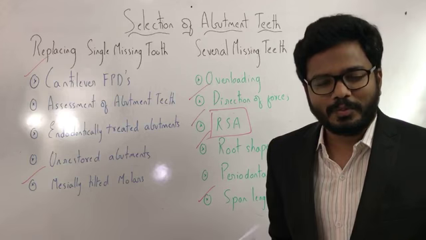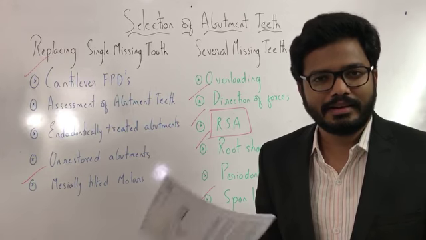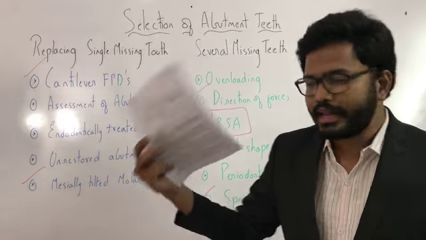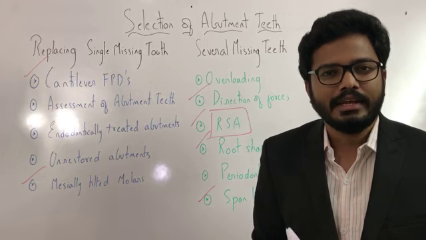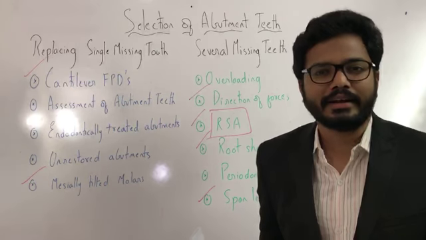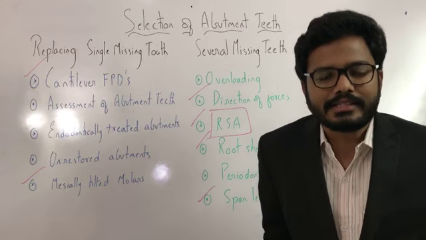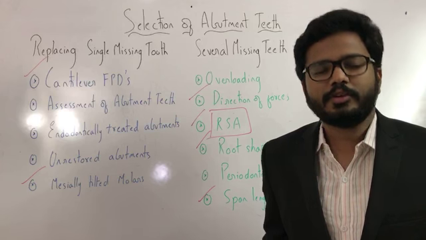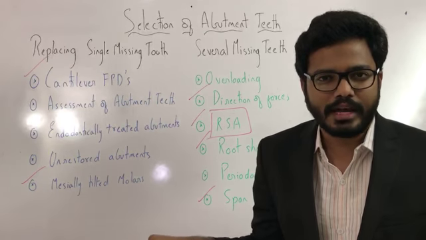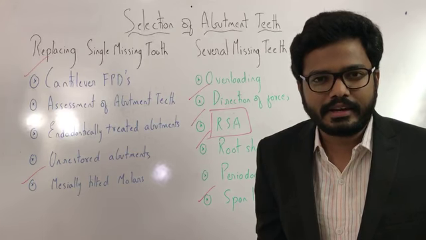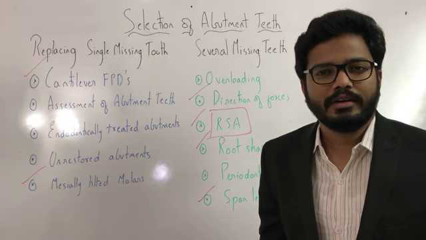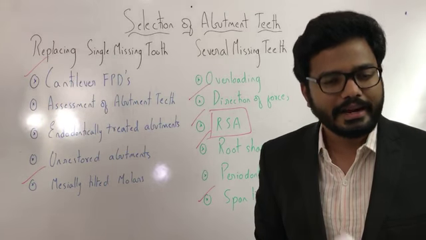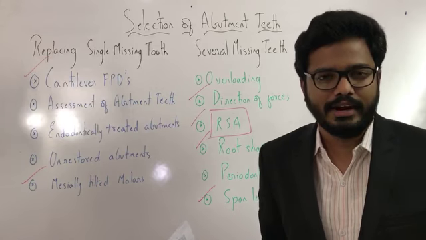The reason is true. The statement as such is right, but that is not justifying the assertion. If the reason was like the prognosis of the cantilever is poor because of lateral forces, that would have been more appropriate. But here the reason gives a general statement. It says that the tolerance is good when the forces are acting along the long axis. So that can be taken as a general statement, which is true, absolutely. But do you think that's justifying the poor prognosis of cantilever? Cantilever, poor prognosis because of lateral forces, right?